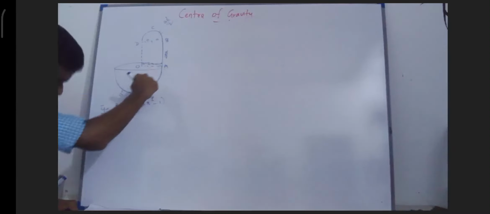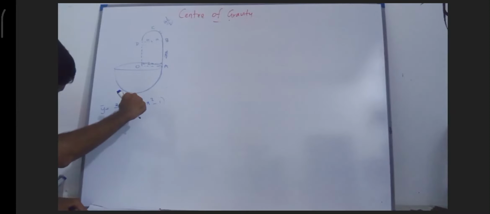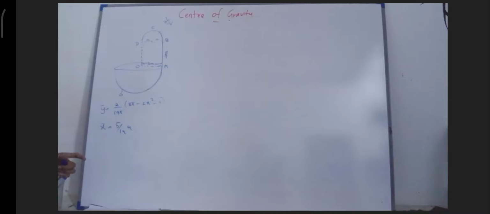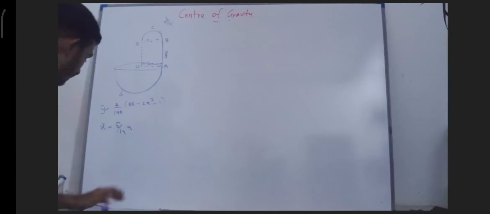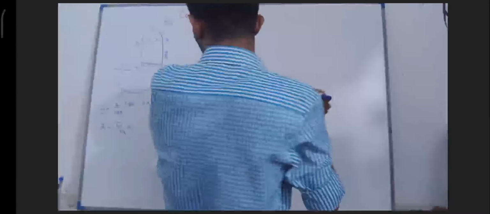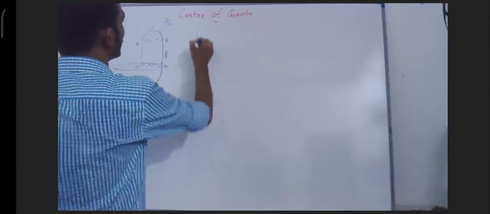So from OD, x bar is equal to 5 by 19A. So this is what we have to prove first. Right. Now I have denoted all the data given in the question in the diagram. Right. Now I have to put a table. So let me put this table.